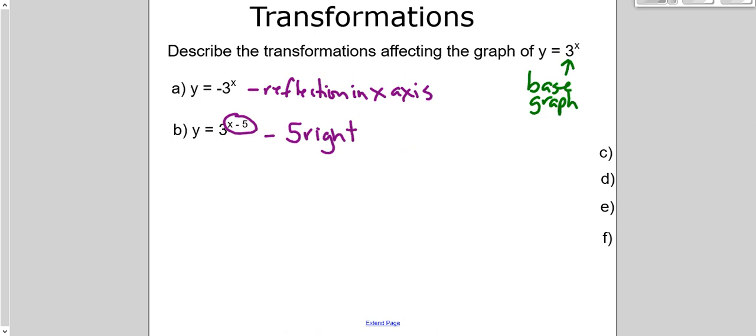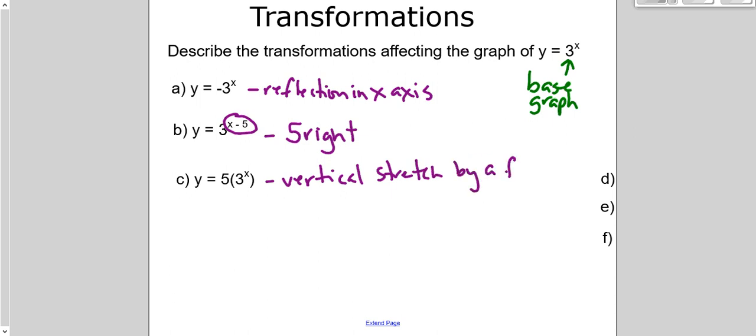So that's going to give us 5 units to the right. This has a 5 multiplied out in front. That is a vertical stretch by a factor of 5.